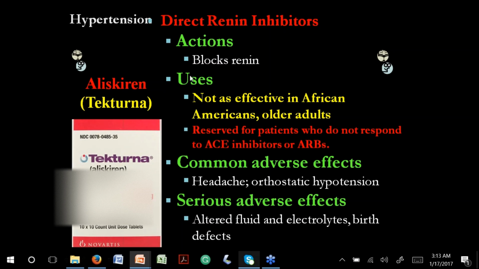So you must be familiar with that. What we need to remember here is that the A, B, and the renin inhibitors are not effective in the African American population.